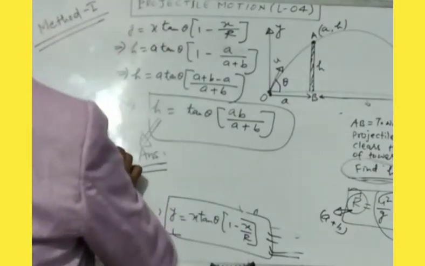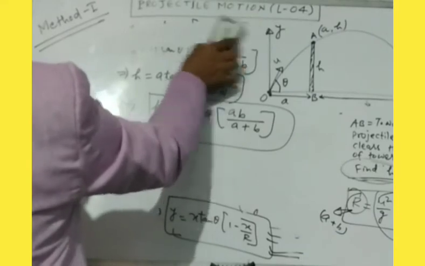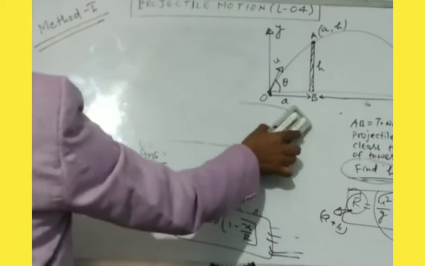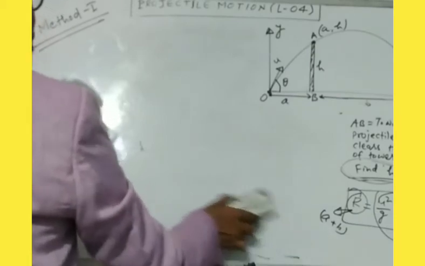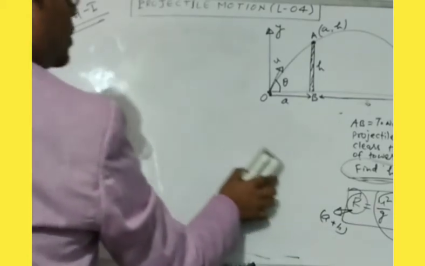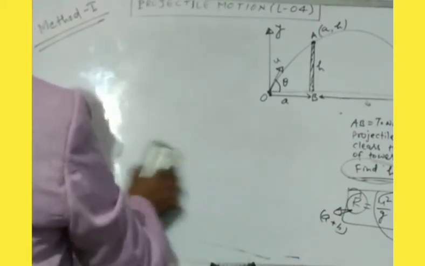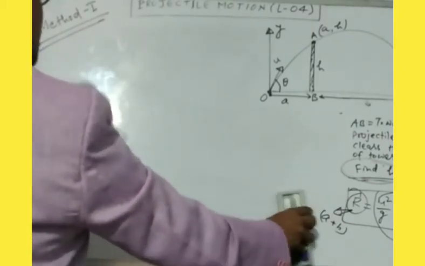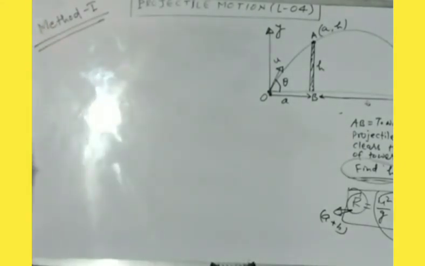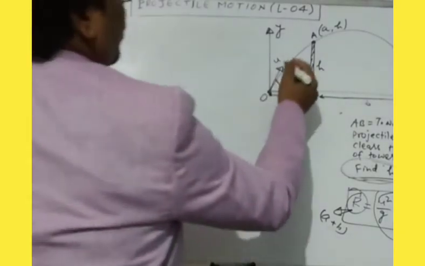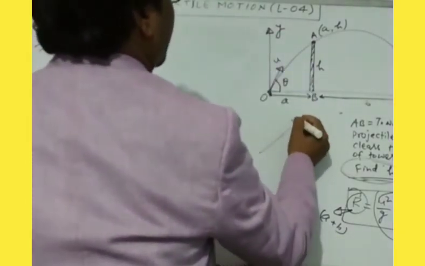I am moving forward to method number 2. So for method number 2, we need to just split this value of u.